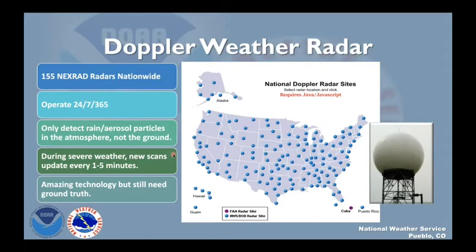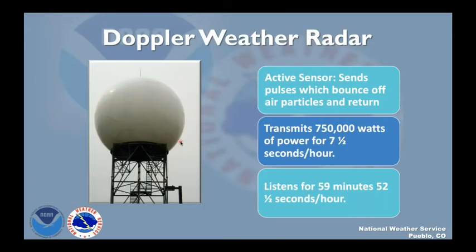Once you get towards the Kansas border or the Oklahoma border, our radar beam is essentially just showing the mid-atmosphere, not near the surface.